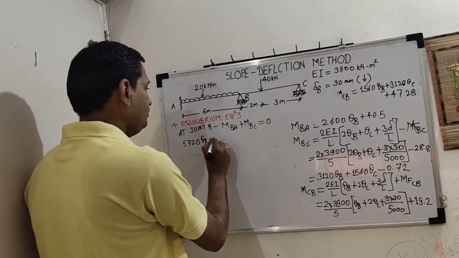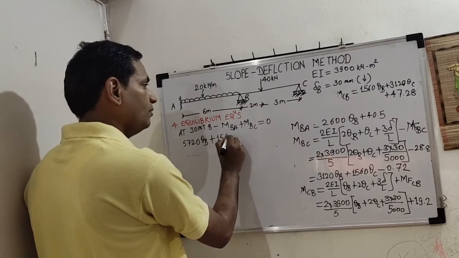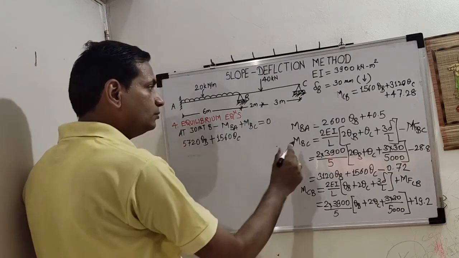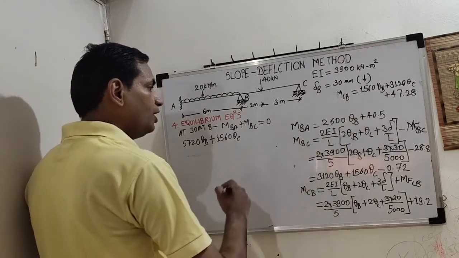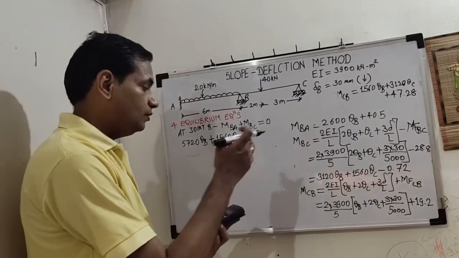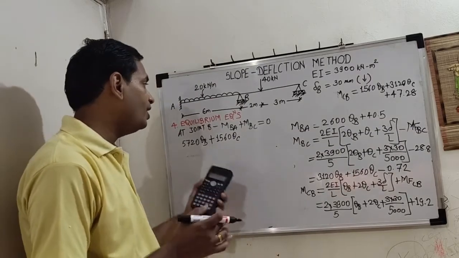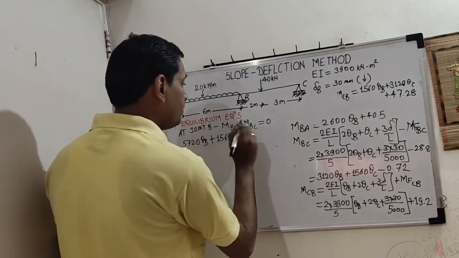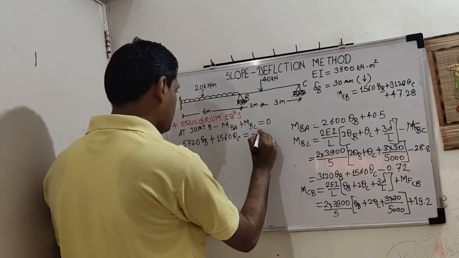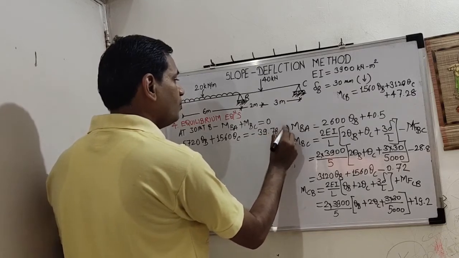Plus 1560 theta C. 40.5 minus 0.72 is 39.78. So it is plus 39.78. I will take it on right hand side. It will become minus 39.78. So this is equation 1.